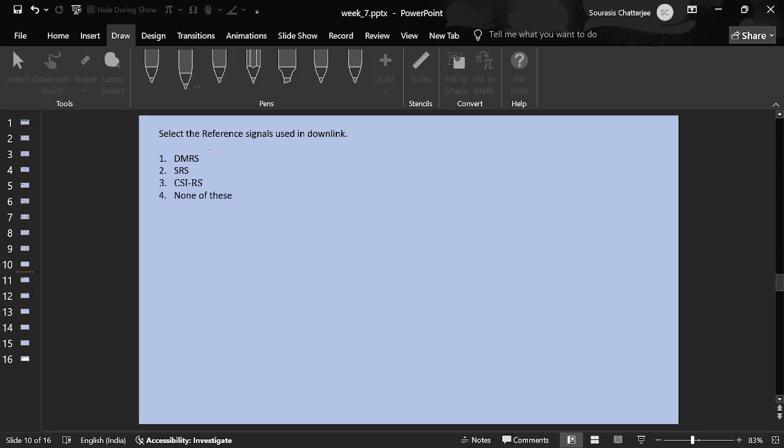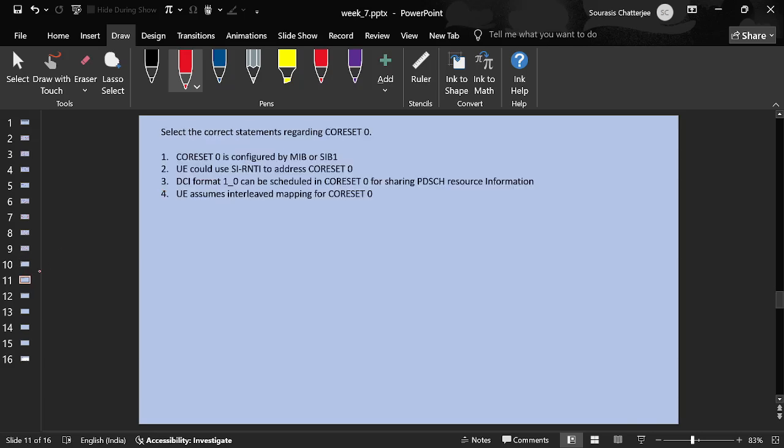The downlink reference signal options, as you said, are 1 and 3. Now we are supposed to select the correct statement regarding coreset 0.